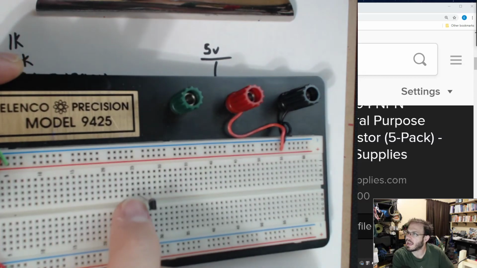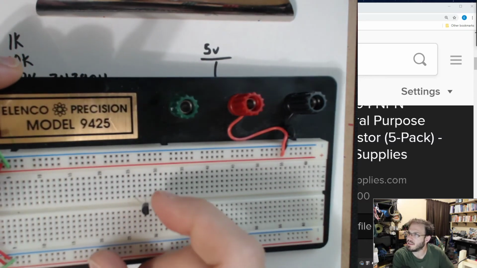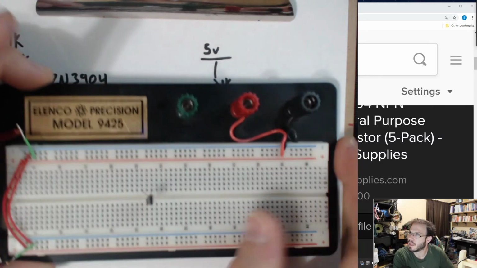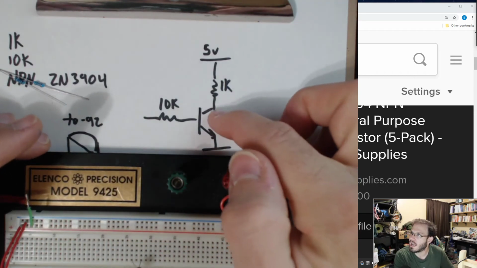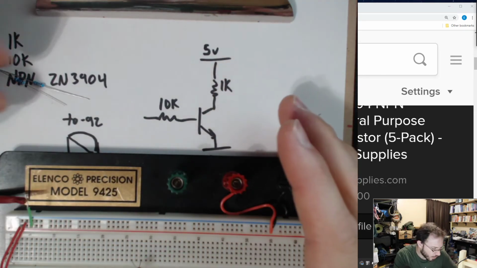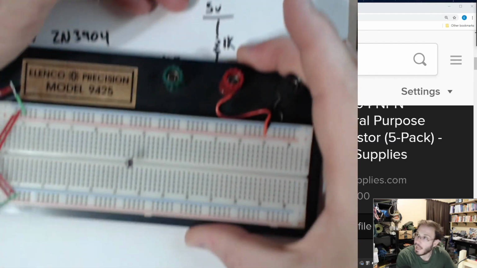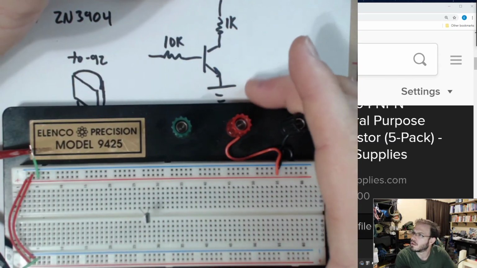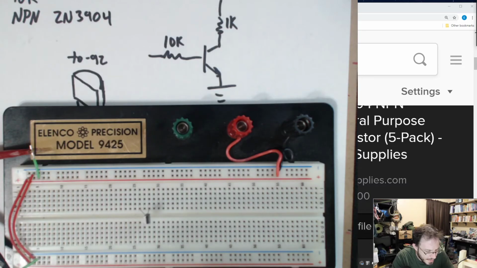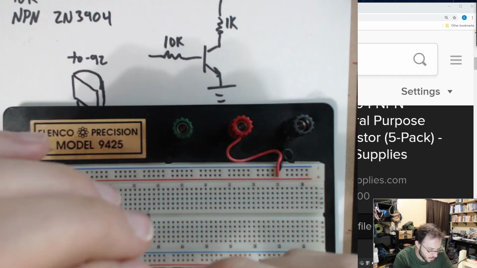The left leg I bent out was the base, and the top one is the collector. We want the collector tied with a 1K to 5 volts, so I'll find my 1K. 1K is brown, black, black, brown. So the last brown is 1 for the number of zeros. That's our multiplier. And so 1 followed by 3 zeros.